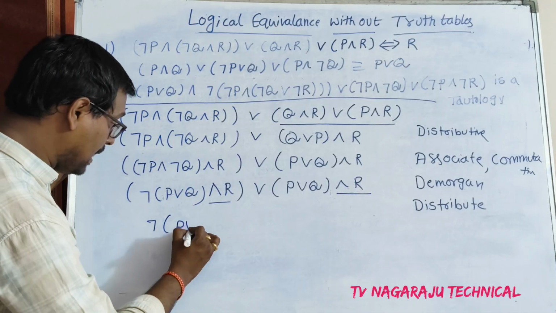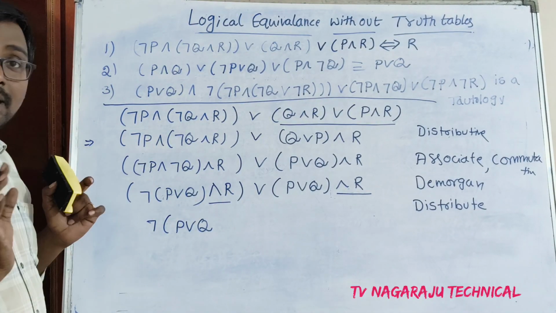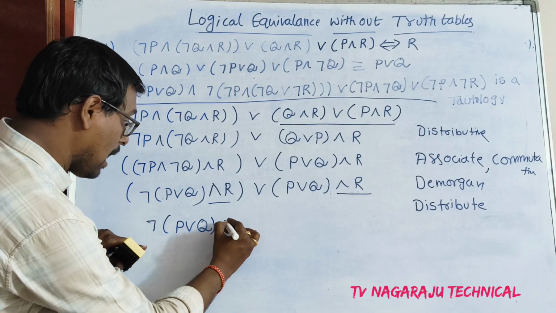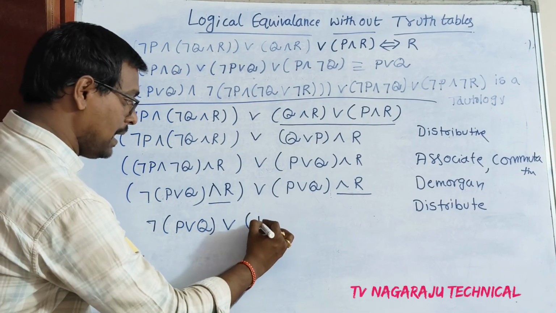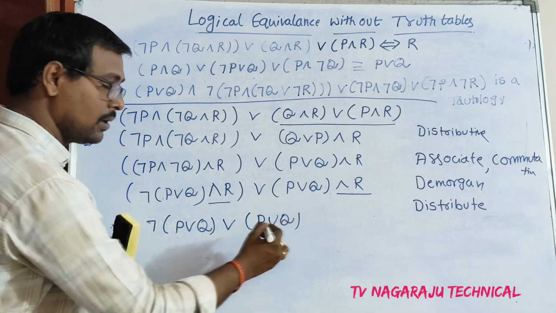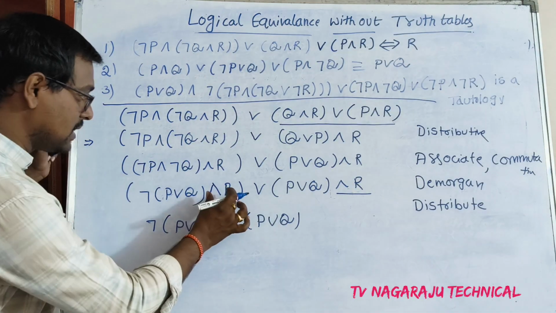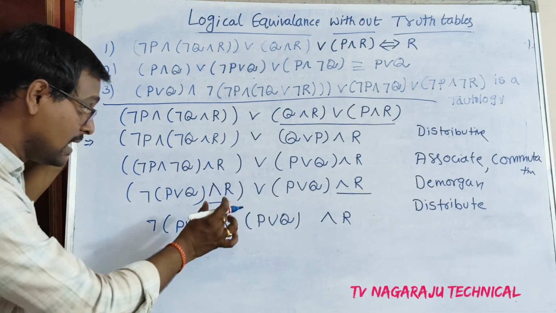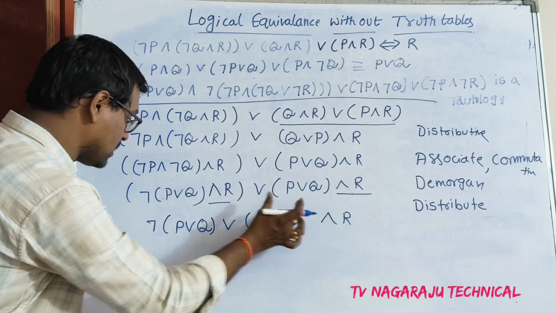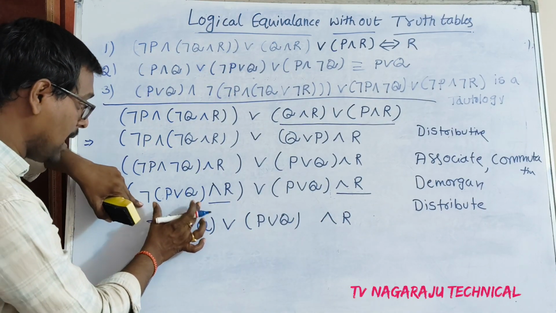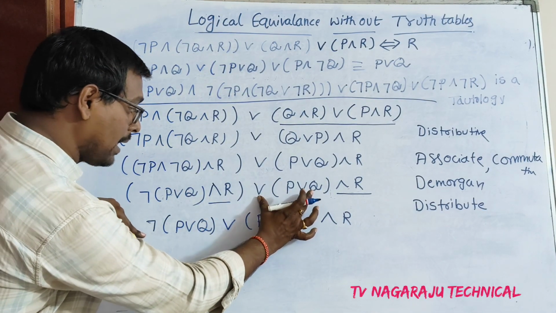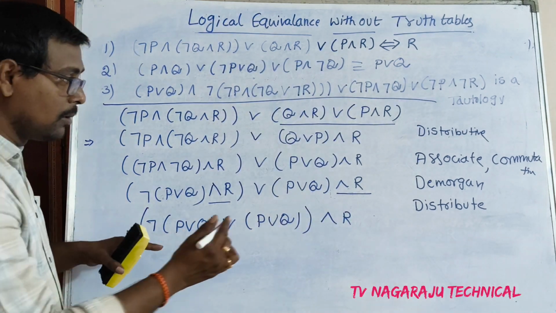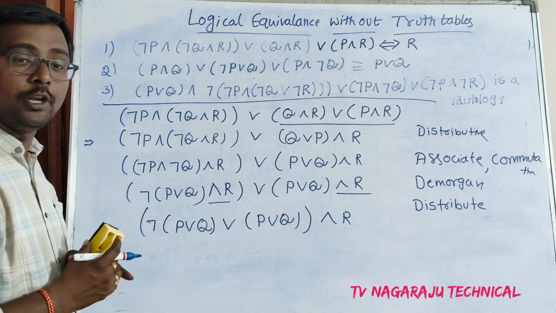Negation of P or Q, or P or Q, and R. So this R is written outside. In the distributive law, R is written outside. First one R operation with negation of P or Q. So this is the distributive law.